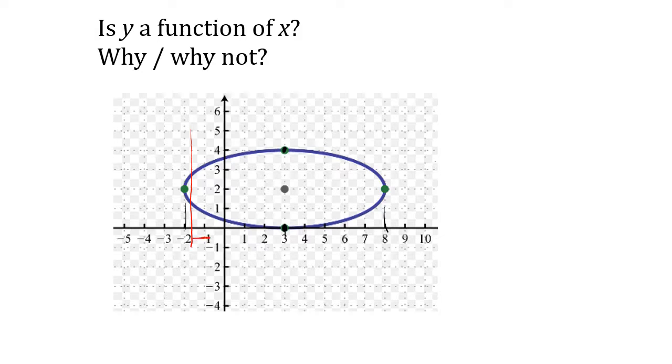If I drag this red line across the breadth of the domain of the function and it intersects the graph more than once at any of those points, then we have a non-function. We don't know what output will come out if we plug in a certain input. So the vertical line test is simply testing to see if every input has just one output. Okay.